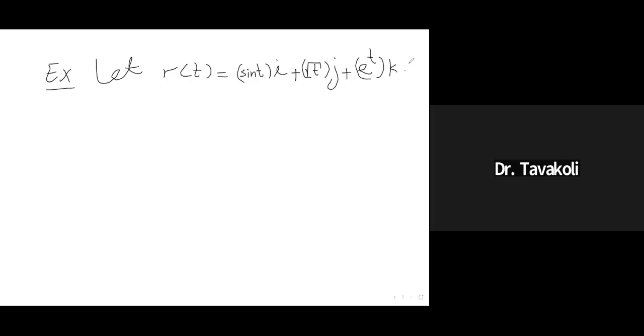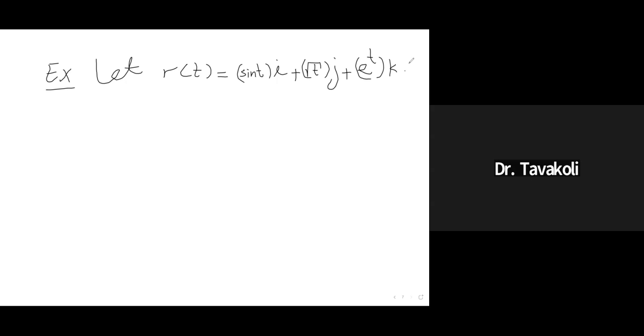By times, again, I mean a scalar multiplication. So i, j, k are those standard unit vectors that we are familiar with, and the coefficients are sine t, radical t, and e to the power of t. As t changes, we get different values, and this will give us a curve in three-dimensional space.